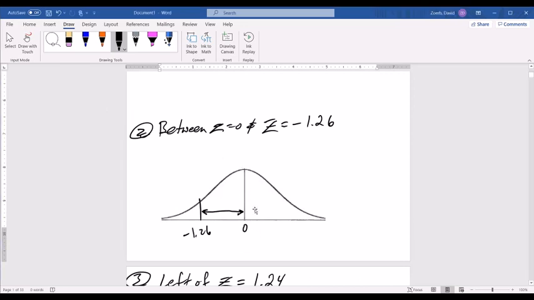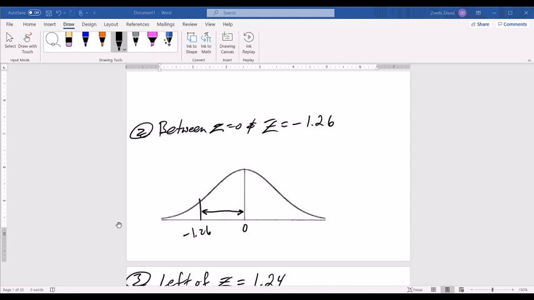This standard normal curve is symmetric. Whatever you have on the right, you have the same thing on the left, and vice versa. Which means whatever area this is right here would be the exact same if you had from 0 to positive 1.26. So you just look up 1.26 as positive.